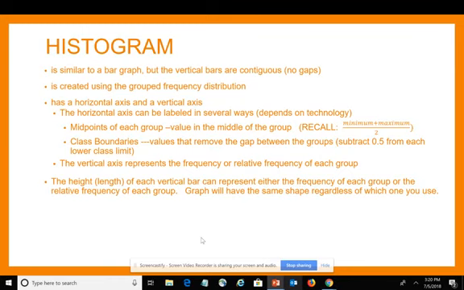The height of the vertical bar represents, again, the frequency or the relative frequency. But the neat thing is, regardless of whether you use frequency or relative frequency, the graph is going to have the same shape regardless. And the histogram, very similar to the stem and leaf, gives us insight, again, into the distribution, the center, and the spread.